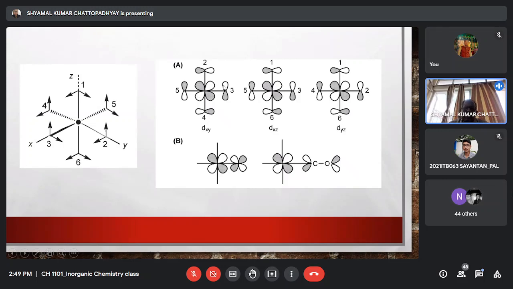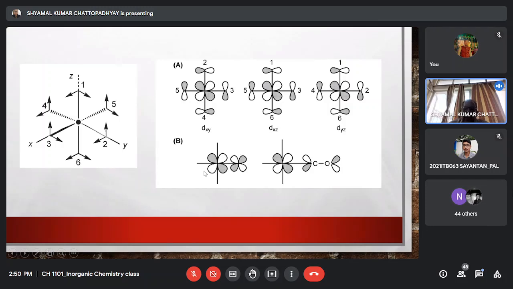The vacant T2G orbitals of the metal ion are the acceptor orbitals, and the filled p orbitals on the ligands are called the p-pi orbitals. They are the donor. So in p-pi d-pi bonding, p-pi is the donor and d-pi is the acceptor. The d-pi orbital is from the metal and the filled p-pi orbitals are from the ligand.